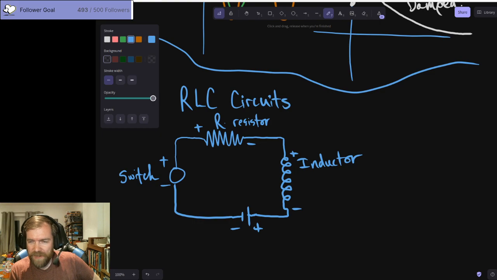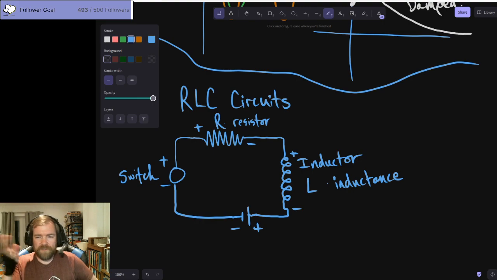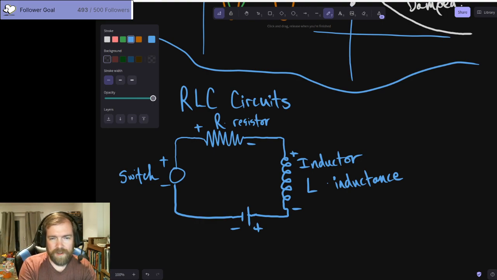Okay, so we have here an inductor, which is listed as L, the inductance. Now, I don't understand inductance just from a word point of view.